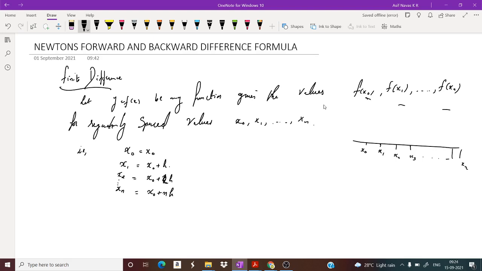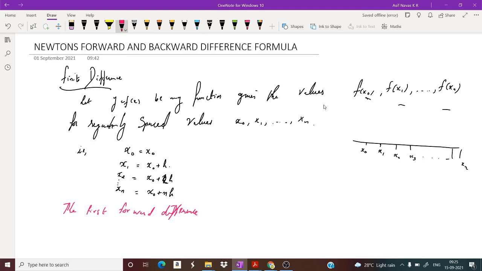Okay. Now I define what is first forward difference.